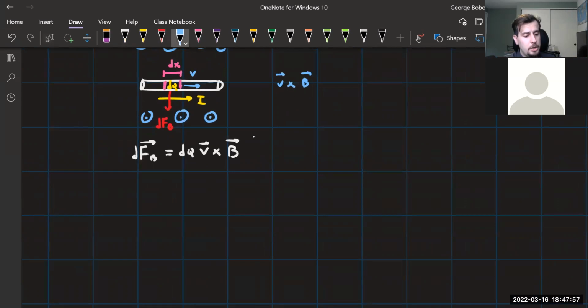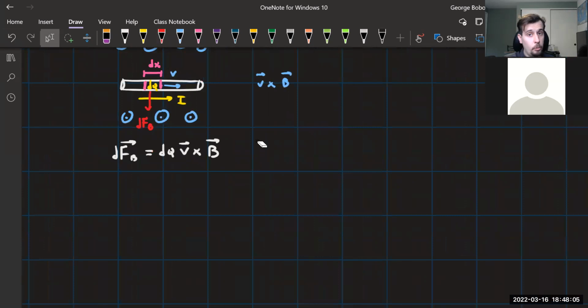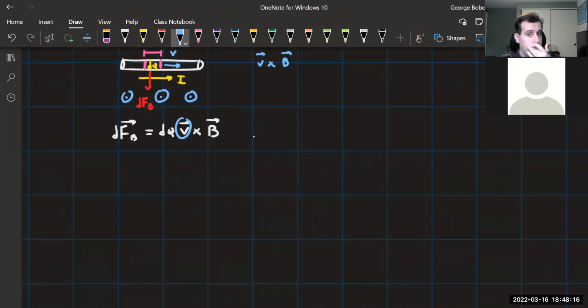Now, you are never, ever going to be given this. What do you think you're going to be given instead for a wire? It's current, resistance. So we might want to change the formalism here to get rid of this guy. And you saw me start it earlier by sneaking in a derivative with respect to position, right?